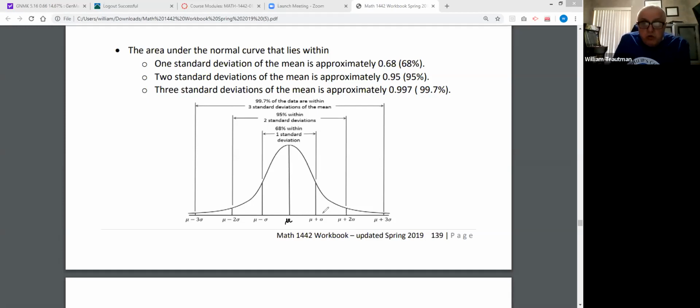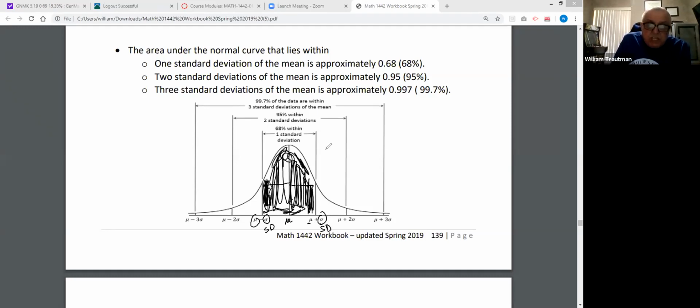If we move one standard deviation, do you see this is the mean plus one standard deviation? I hope you can see that. And this is the mean minus one standard deviation. So if I take one standard deviation and subtract it from the mean, and add it to the mean, then this is the amount of the normal curve that's shaded in.